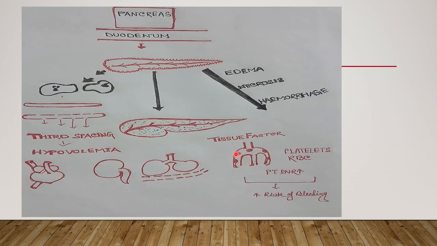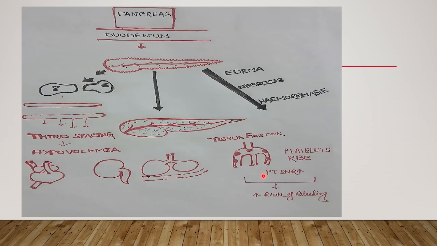If platelets come here for clotting, then what happens? In the body, thrombocytopenia and anemia will be present due to consumption of platelets and RBCs. No clotting protein is present here, so clotting time will be increased.